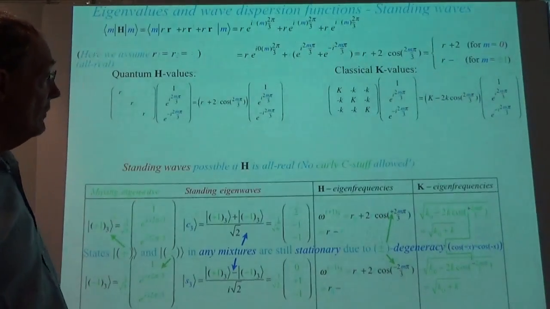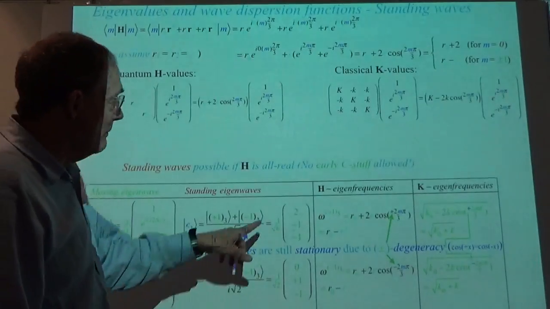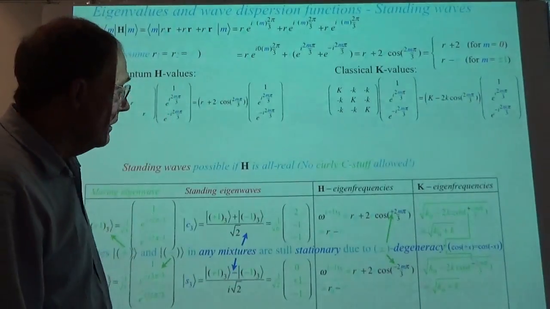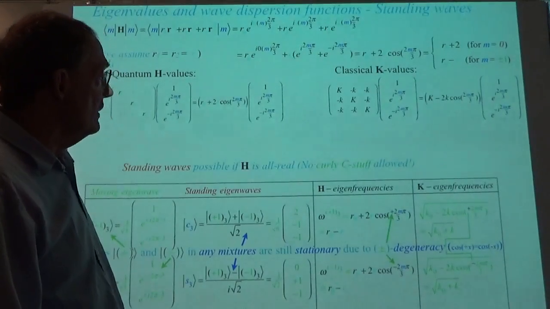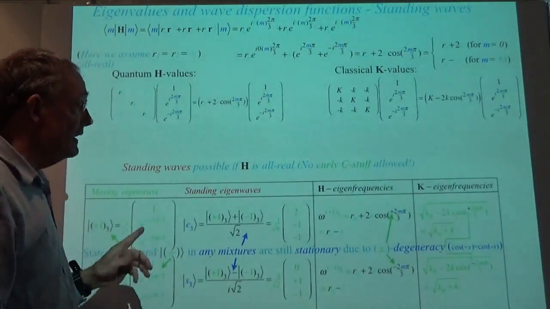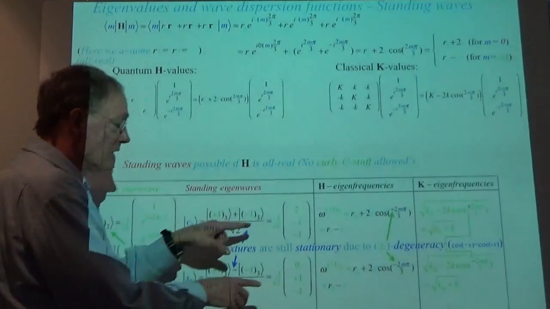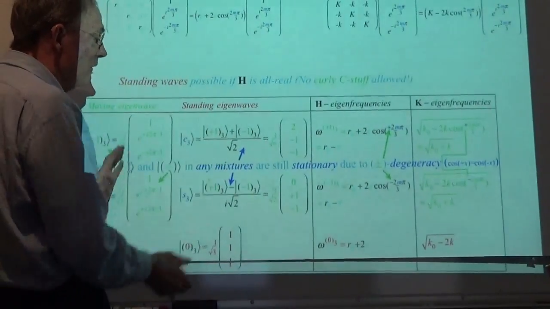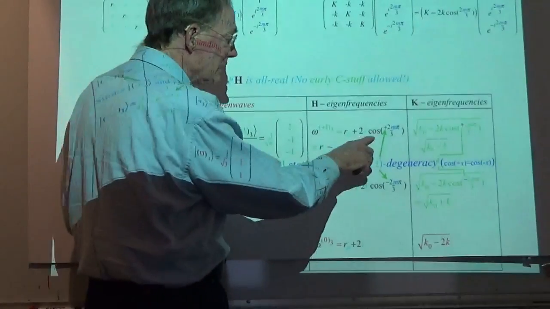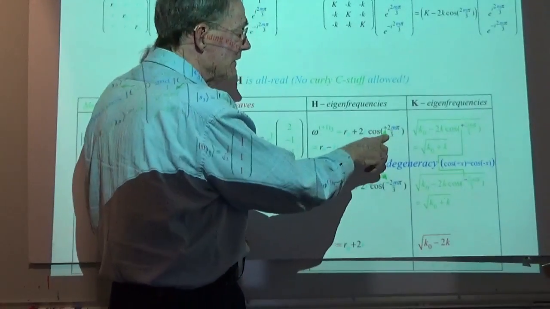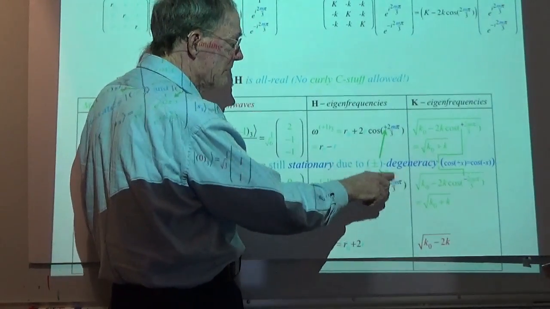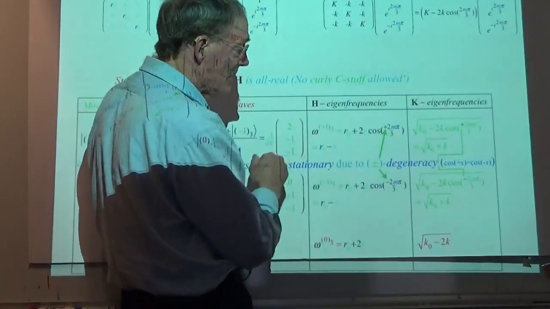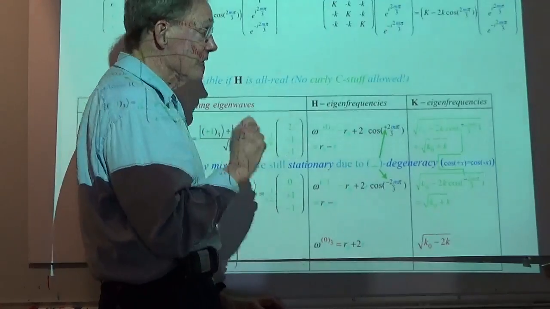Okay? So this is an example of a standing wave, which I will try to show up there in just a minute here. But you can see that because the eigenvalues don't care whether you've got the moving wave this way or this way, they are equal, because cosine of minus x is equal to cosine. That's a degeneracy. That means there's higher symmetry in this problem.